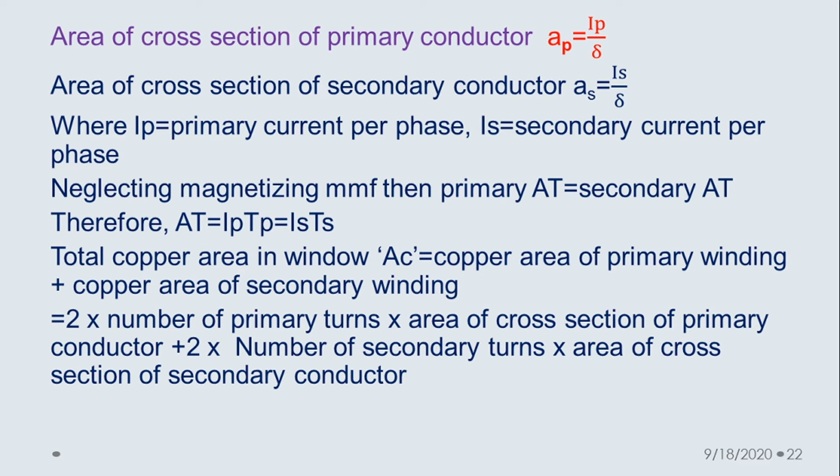Each window carries two primary and two secondary windings, so we have to multiply: 2 into number of primary turns into area of cross section of primary conductor plus 2 into number of secondary turns into area of cross section of secondary conductor.